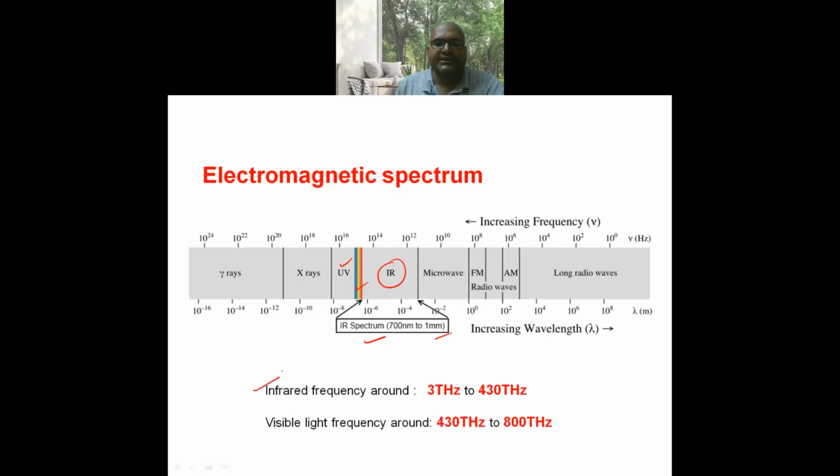Here, the infrared frequency is around 3 terahertz to 430 terahertz, and visible light frequency is around 430 terahertz to 800 terahertz. But when we speak about optical fiber communications, our discussion should be on wavelength. In case of microwave communication, our discussion should be in terms of frequency, that is in gigahertz.